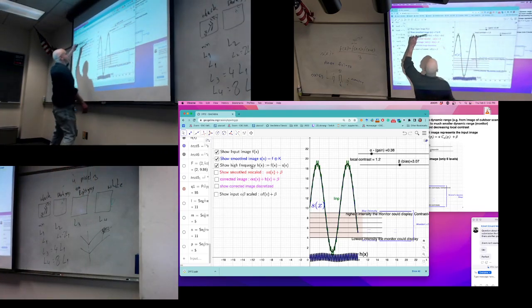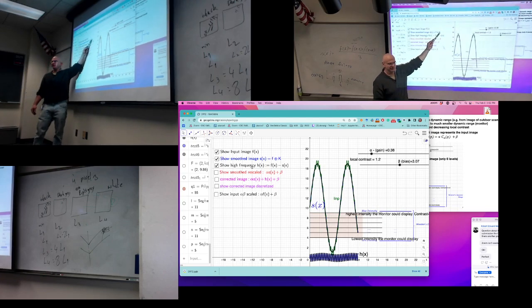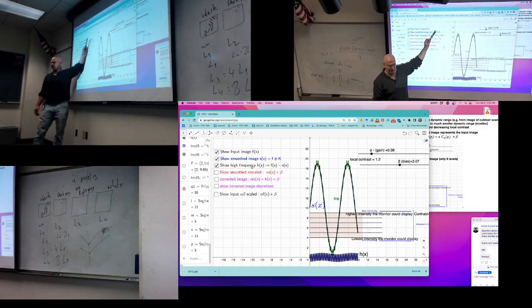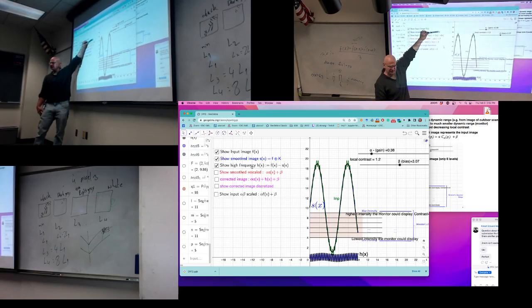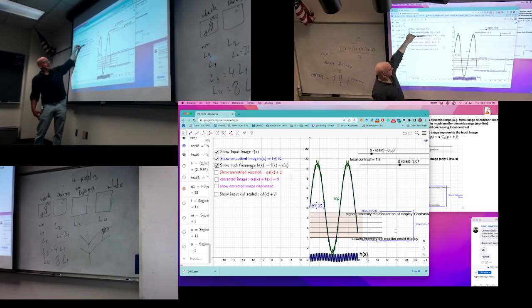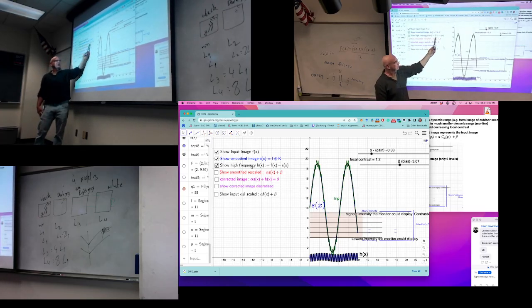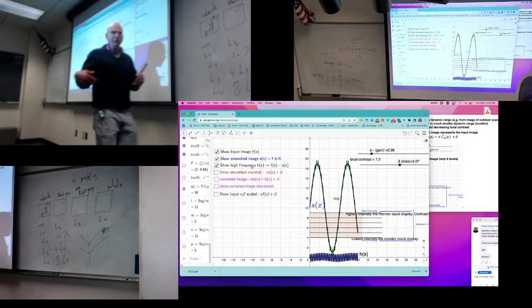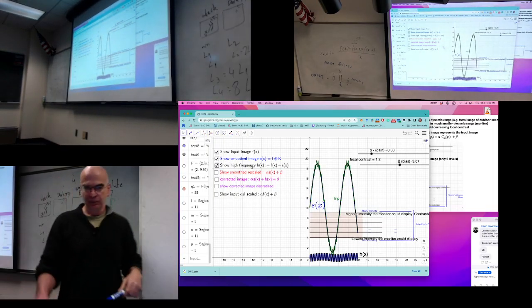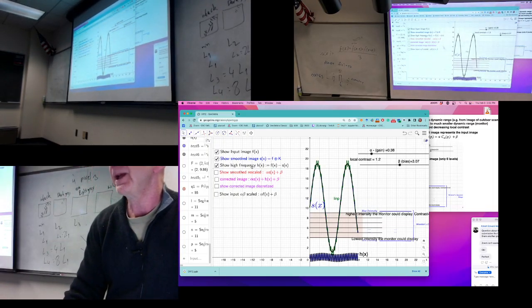So to create s, I use the convolution. If you still hate convolution, which you probably do if that's the first time that you hear about it, just think about averaging of a pixel with its nearby pixels. Now I look at the high frequency, which would be the original value, f of x minus s of x. I remove from every pixel the average value of my neighbors, basically.